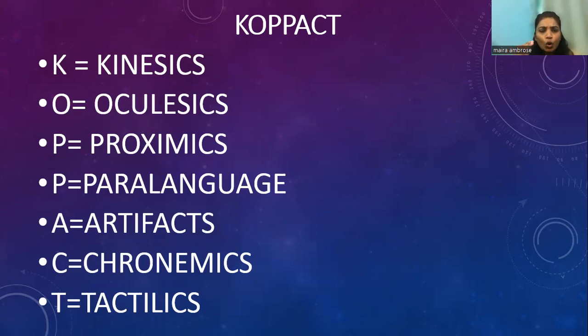Sometimes we are standing so far from the student that they can't even hear. Sometimes we stand and talk from so far that the student feels that we don't value them, the teacher doesn't value us. And sometimes we stand so close. So proxemics is a kind of space, how close, how far we stand to a student or anybody.